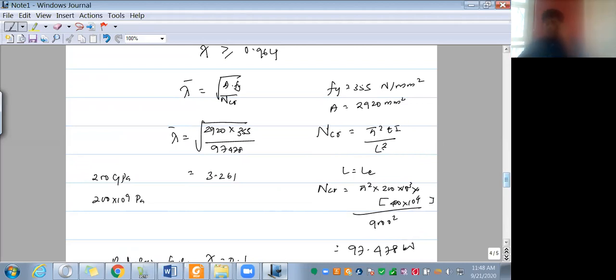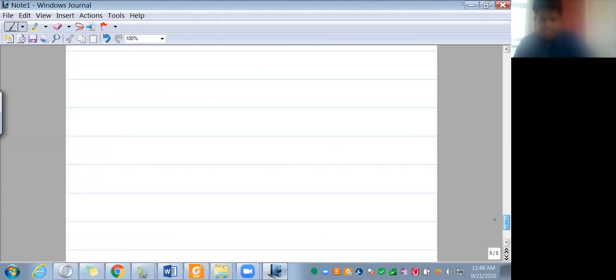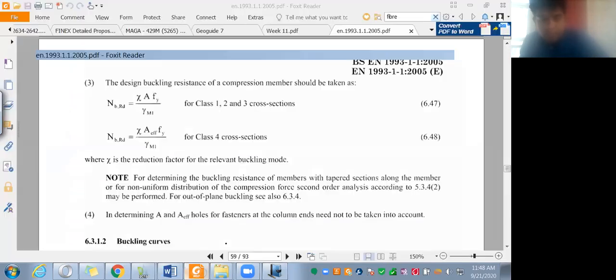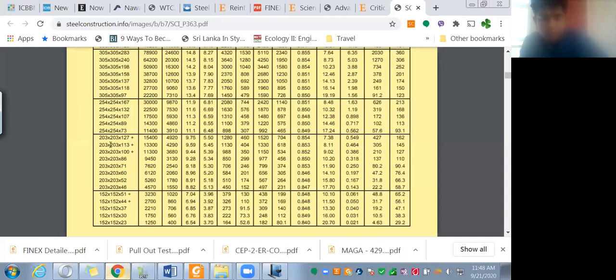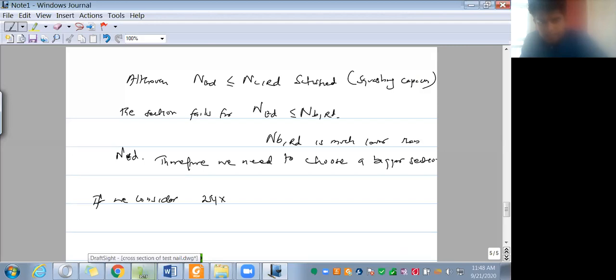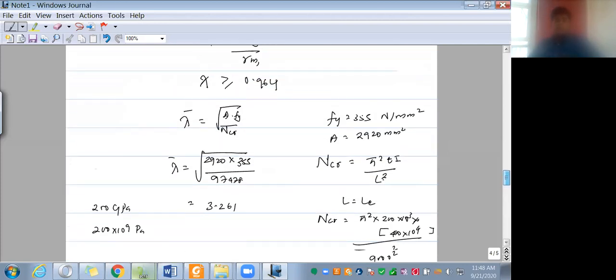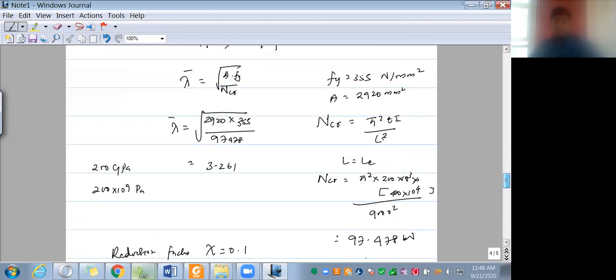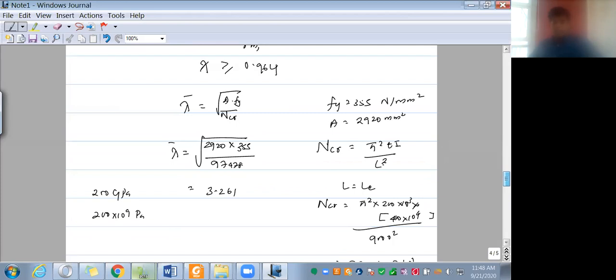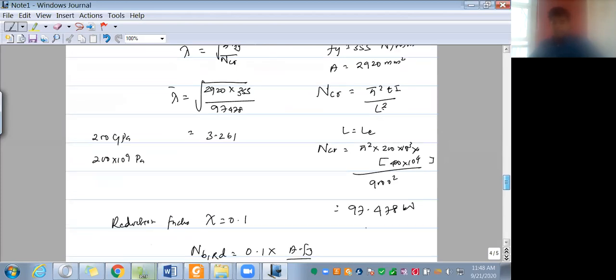So now if I choose this section, 254, 254, 73 UKC. Okay. Now the lambda bar is going to be different because your A and N_cr are going to be different.